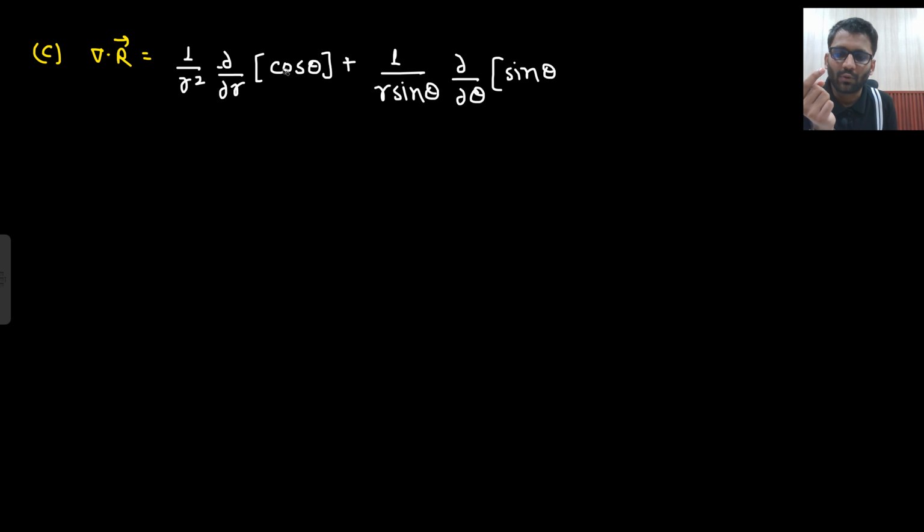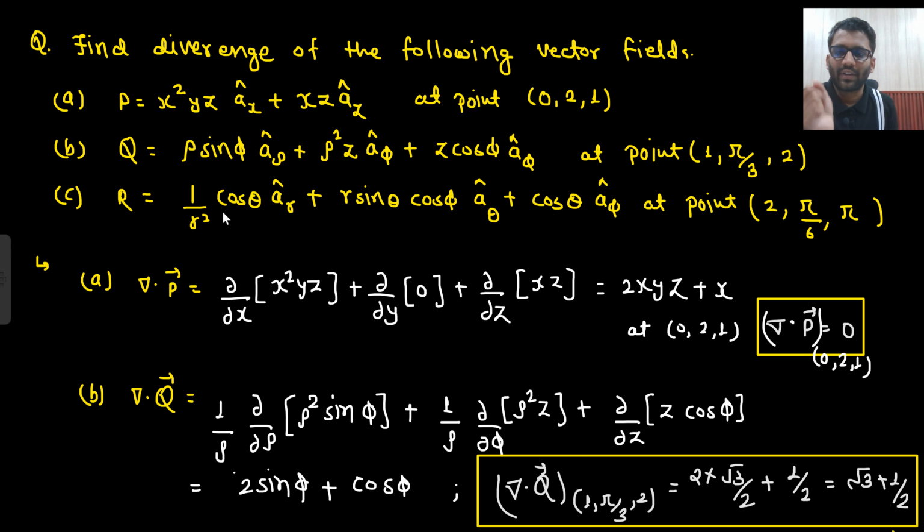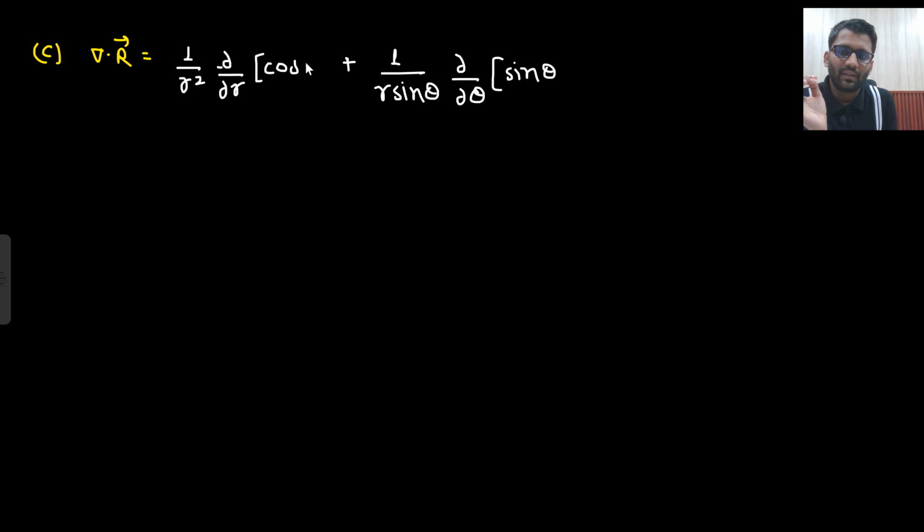Oh, here I forgot to write down r square. Look, these kinds of errors we make. Okay, sorry, r square will not come, because r square into this term, r square got cancelled and cos theta would come directly.